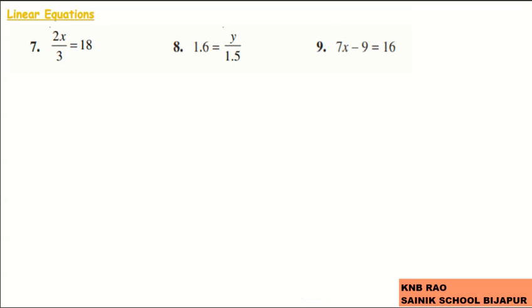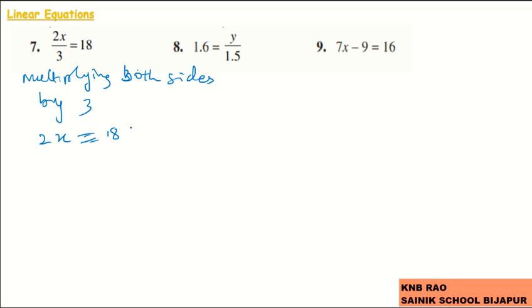Coming to the question number 7, here 3 is the divisor. So first we'll multiply both sides by 3. It gives 2x equals to 18 into 3, which is 54.